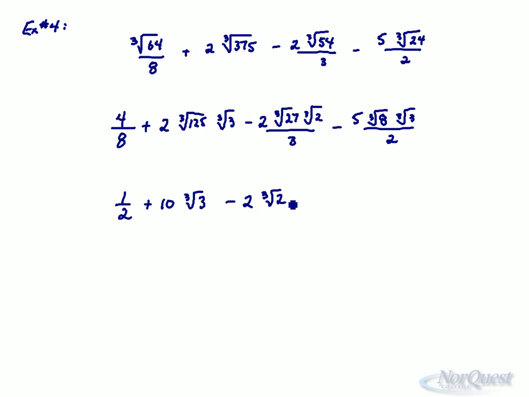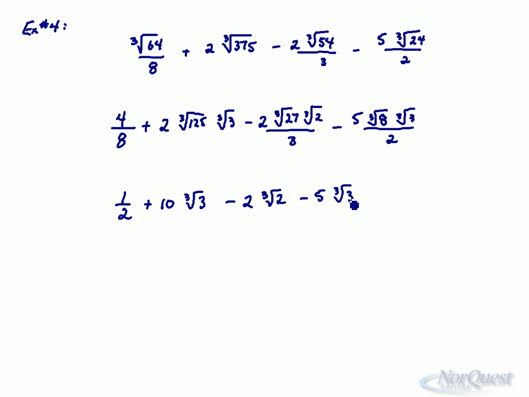That's a lot of simplifying. Cube root of 27 is 3. Well, 3 divided by 3 is 1, leaving you with 2 cube root 2. Cube root of 8 is 2. Well, that'll divide with the bottom, leaving you with 5 cube root 3.